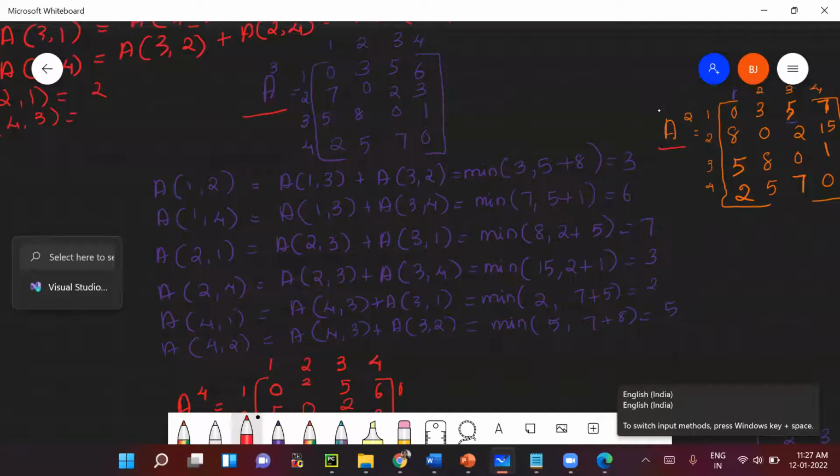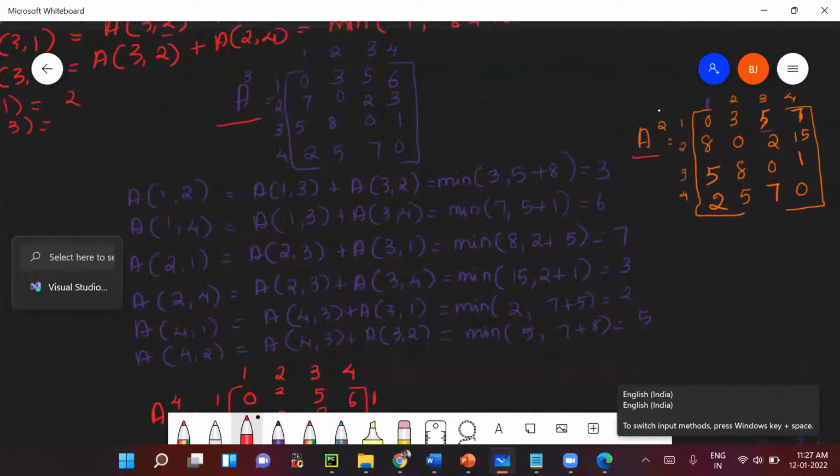So again, those who are doing, you can see this color is not visible, I feel. So again, you will be copying which row and which column from A2 to A3? As you are using 3 as an intermediate vertex, you will copy the values of row 3 and column 3, and also the diagonal zeros you will copy.